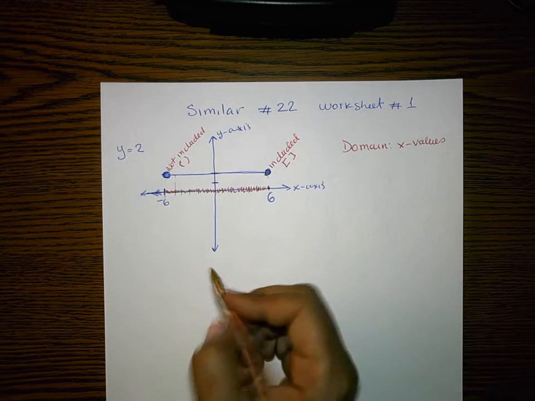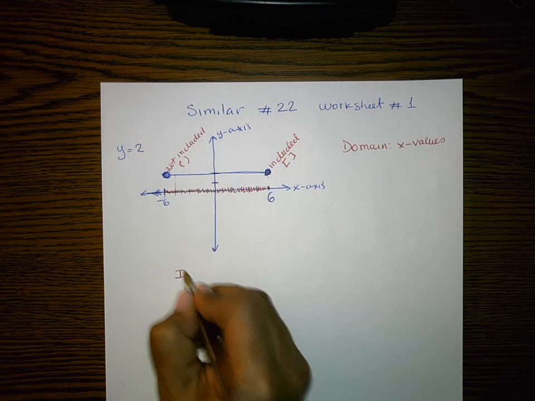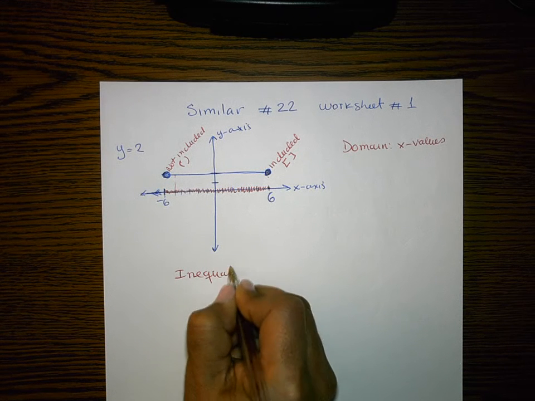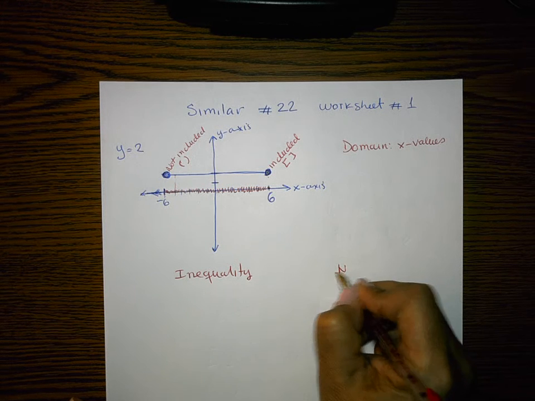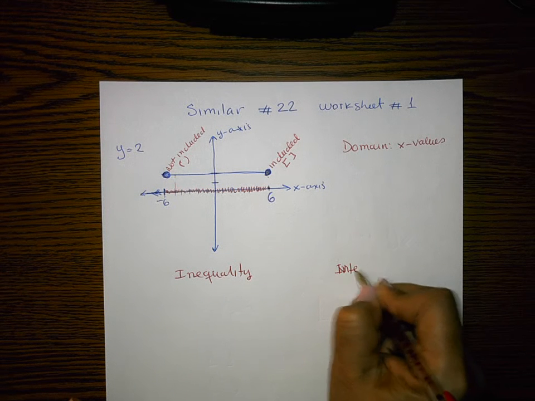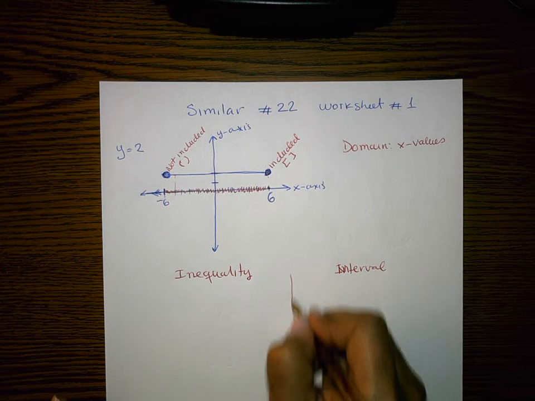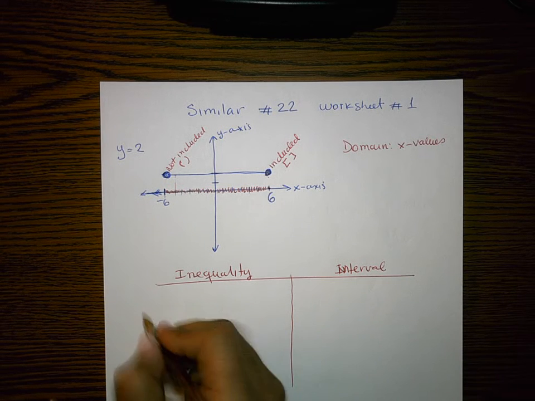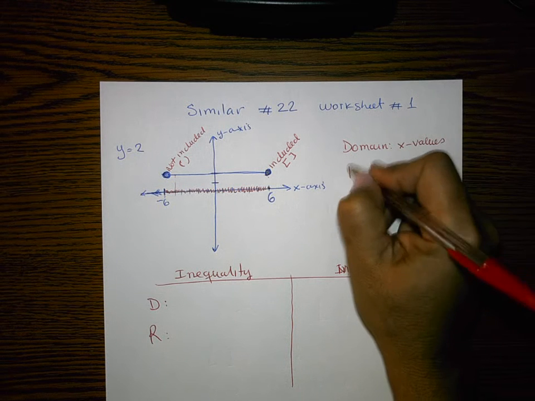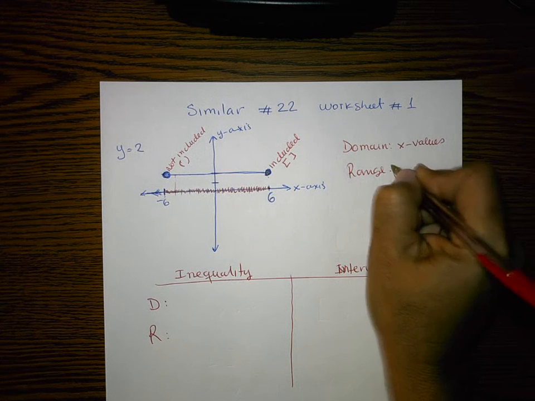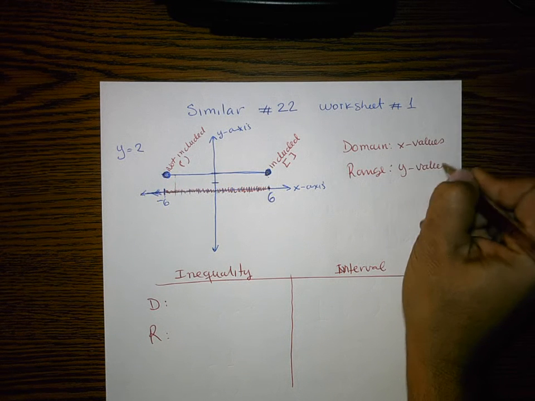So let's go ahead and create the domain. We're going to do it in inequality notation, and then we're going to do it in interval notation. Let's see if we do it right here, okay? So the domain, D for domain, and then we're going to do R for range. The range is going to be the y values we're going to do in just a little bit, okay?